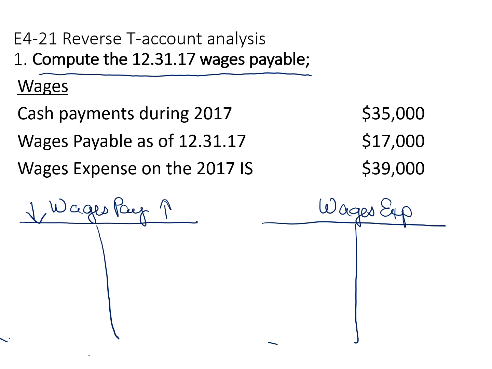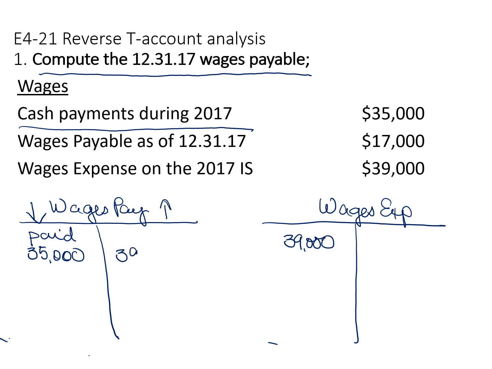I see that the cash payments during the year were $35,000. So that's what I paid. I see that the wages expense for the year was $39,000. And that's when I debit wages expense, credit wages payable.